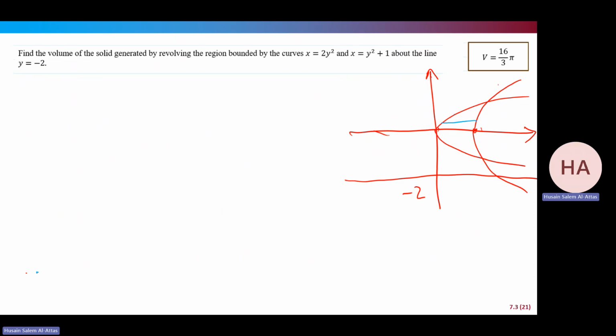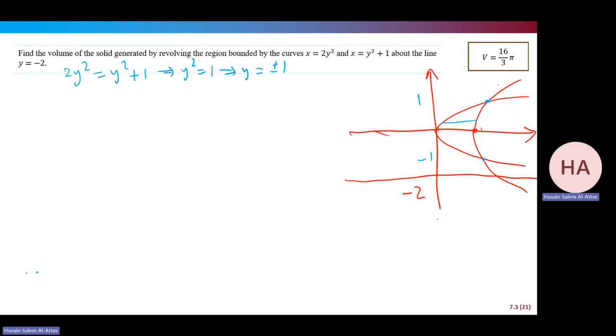Okay. I need to find these points of intersection. So I equate the two functions, 2y squared equals y squared plus 1. That means y squared equals 1, that means y equals plus or minus 1. So this is 1, this is minus 1, these are the y values.